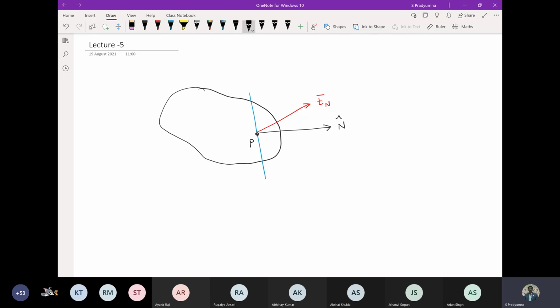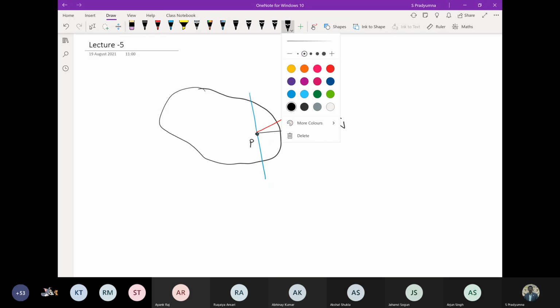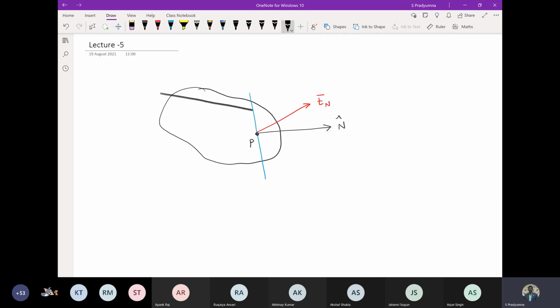Now let me consider another plane within this. I consider another plane like this.